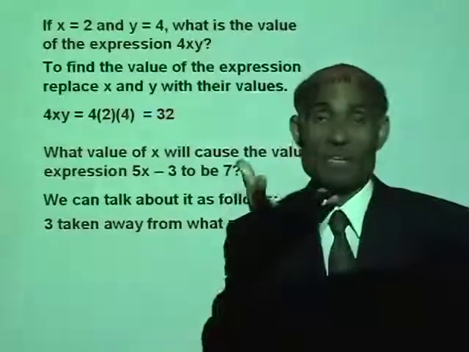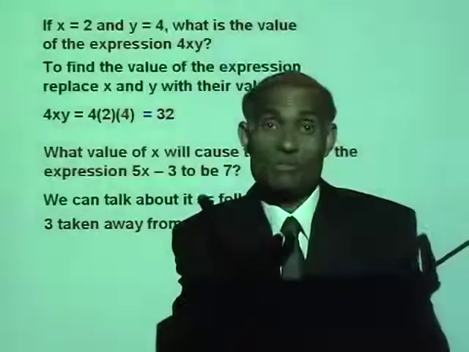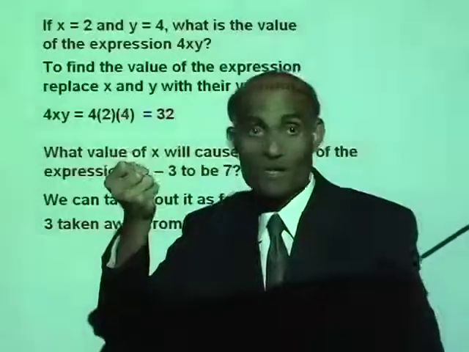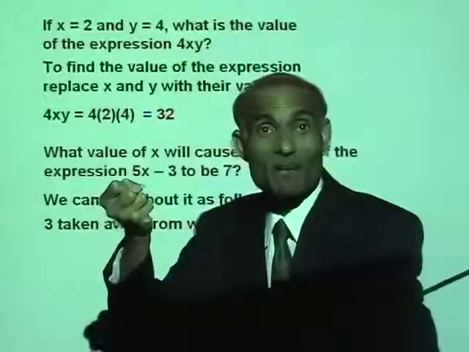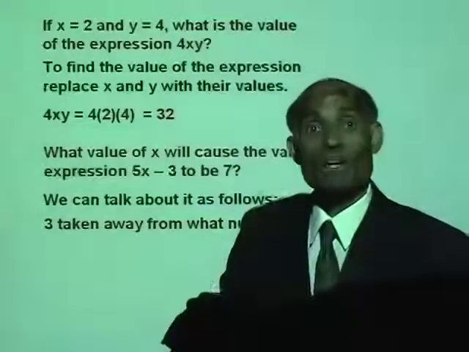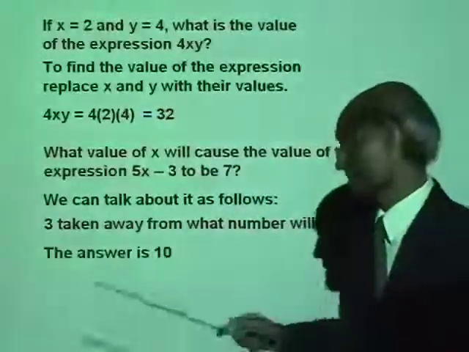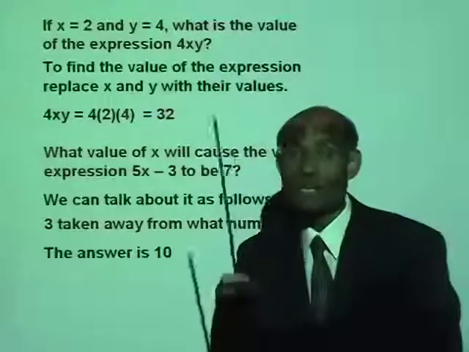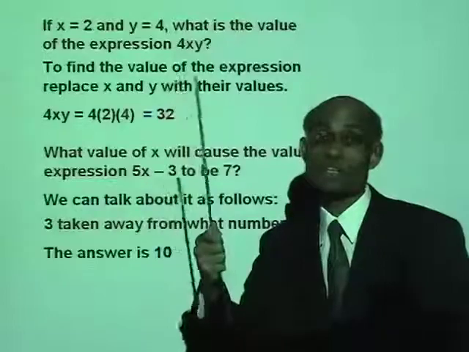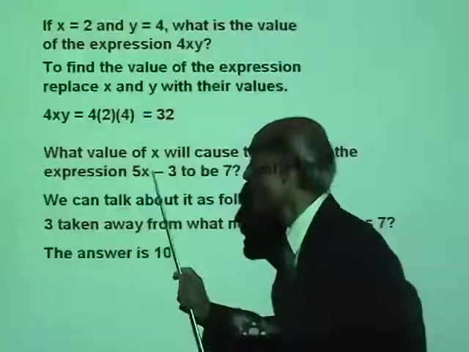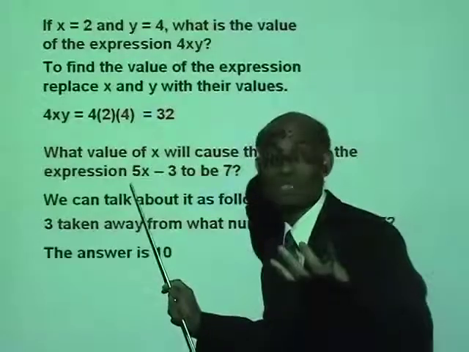Well, if you have 10 mangoes and take away 3 mangoes from there, you are left with 7 mangoes. So, 3 taken away from what number is 7? Well, the answer is 10. From 10, if you take away 3, the answer is 7. So, you can say this number 5x must be equal to 10.